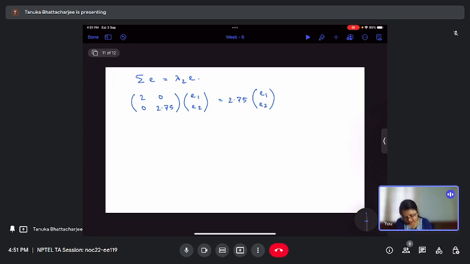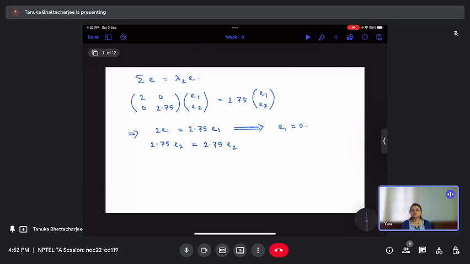So, you will have two equations from this. First one will be 2E1 equals 2.75 E1. Next will be 2.75 E2 equals 2.75 E2. From the first equation, 2E1 equals 2.75 E1, you get that E1 should be equal to 0, right.